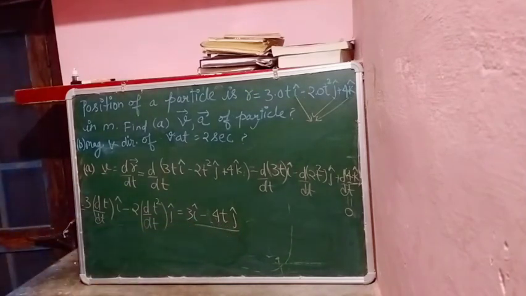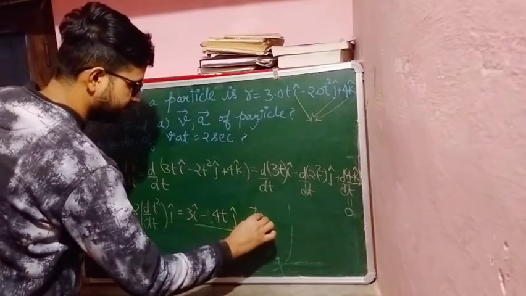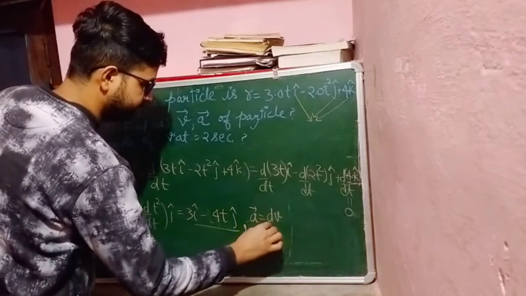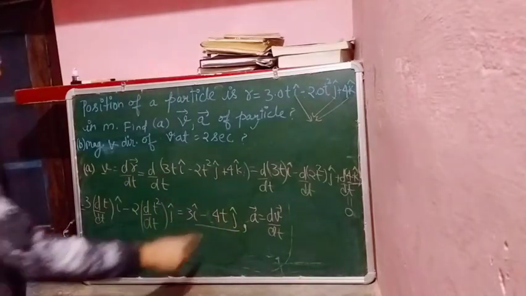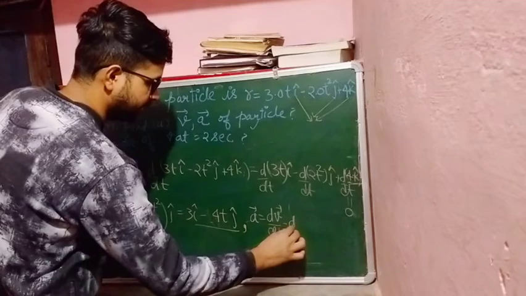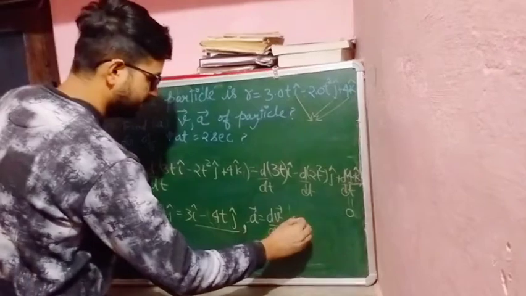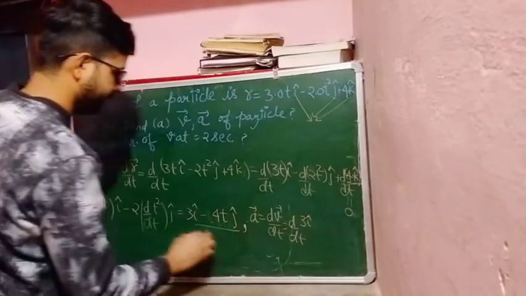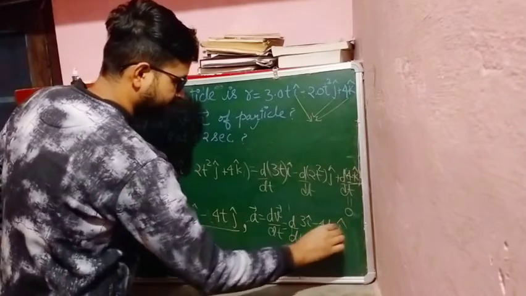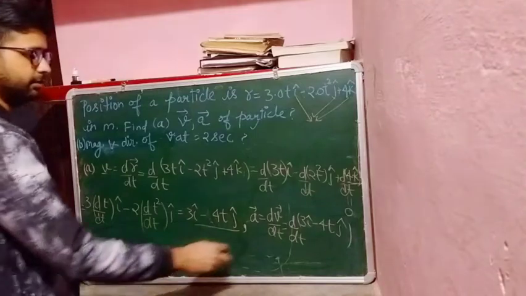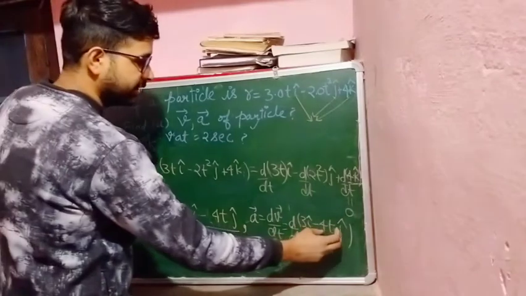And for finding acceleration, we again differentiate this, because we know that acceleration is d over dt of v. So v is 3 i cap minus 4t j cap, and we again differentiate. Now there are two terms, first and second, and the first is a constant, so it will become 0 obviously. Only the second term remains.